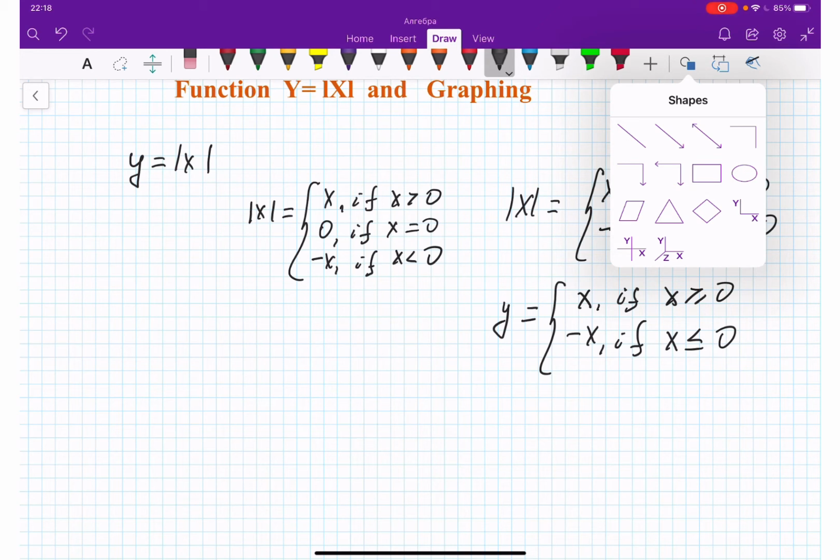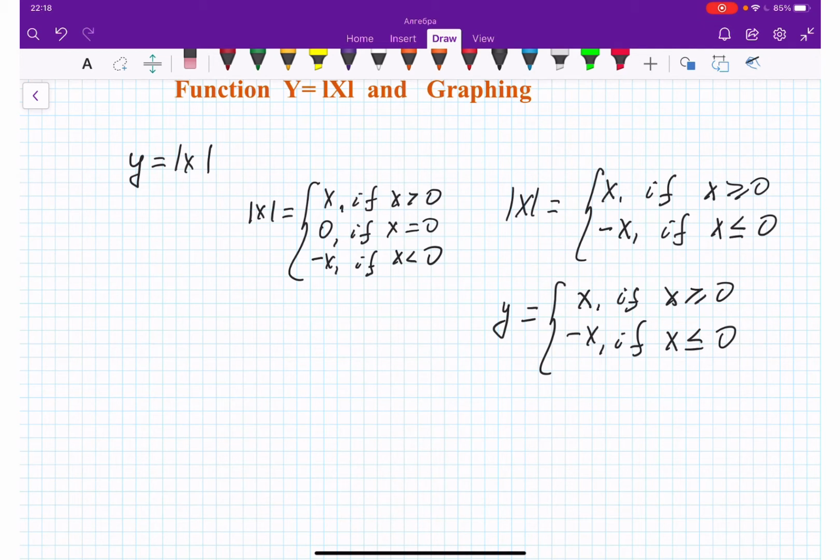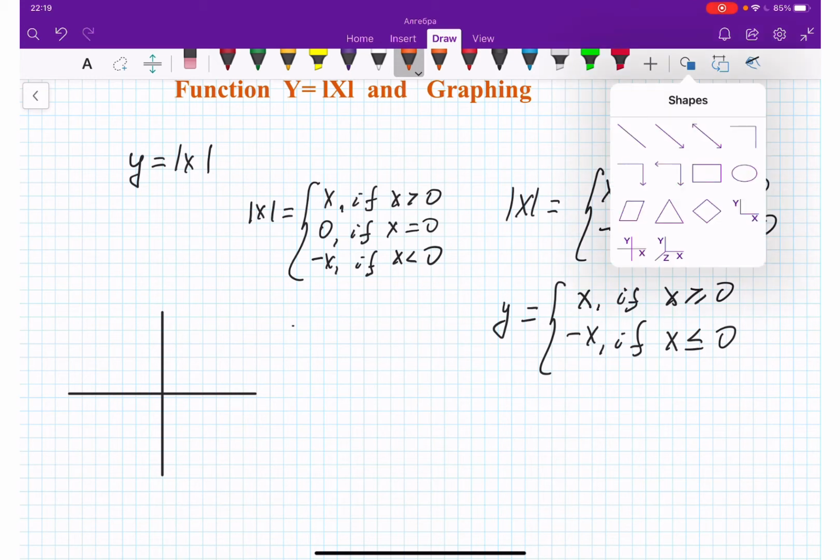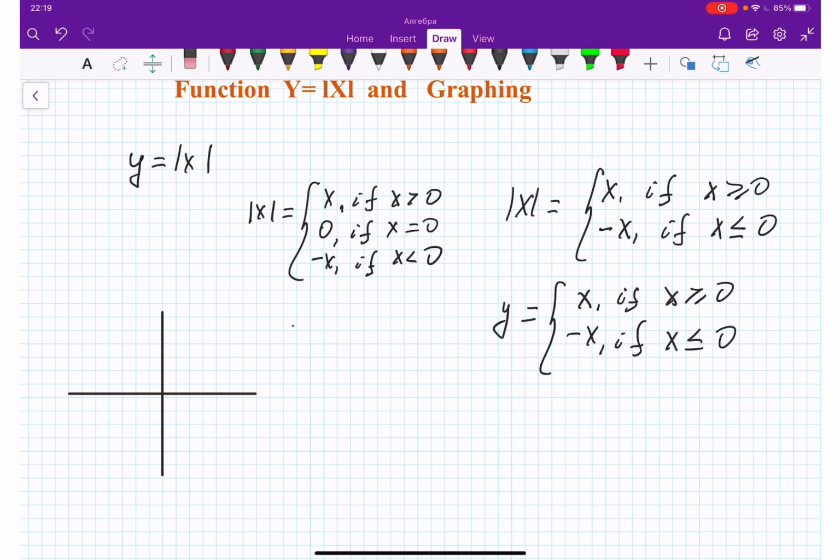Here we have this one graph, and the other, this is negative x.